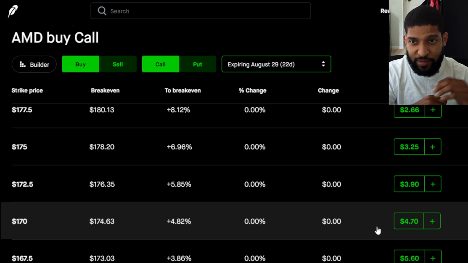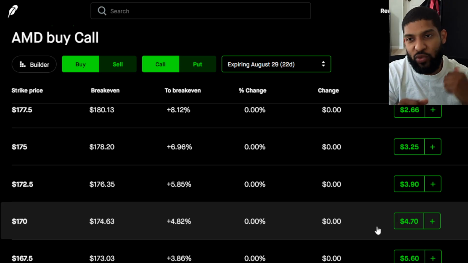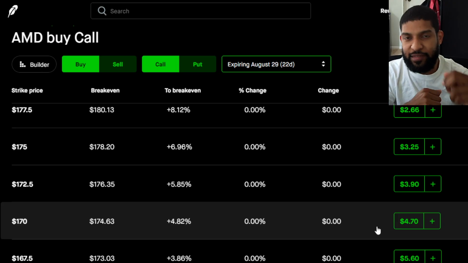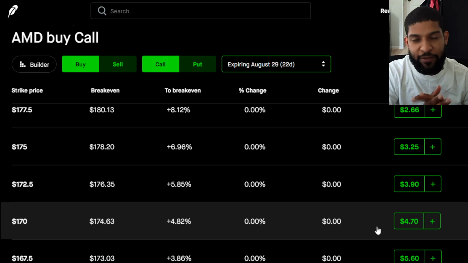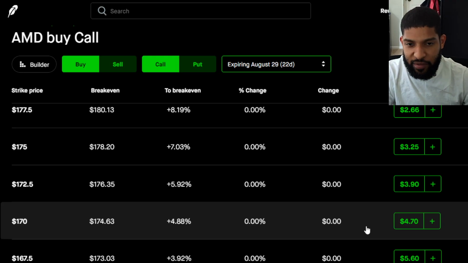You could sell it before the expiration date. Let's say you buy the contract today, and next week AMD takes off, and you're in profit. You're up 20, 30, 50%. You could sell it right there and then and lock in your profits. You don't have to wait until the expiration date expires. All right.